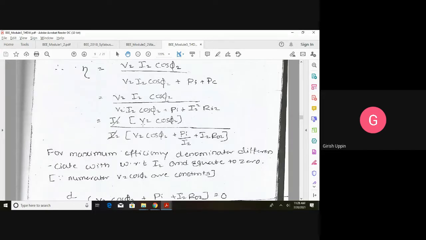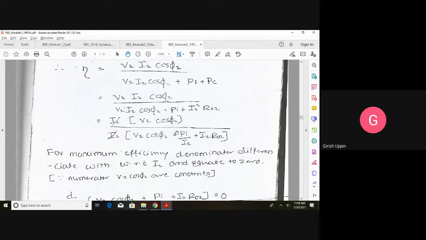But V2 is constant for the given voltage, phi 2 is constant, we cannot change the numerator, and here also V2 cos phi 2 is constant. Pi, the iron loss for a given transformer, is constant. R02, the resistance of a particular transformer, is also constant. What is the variable here? I2 is the only variable, and in the numerator we cannot make any changes.